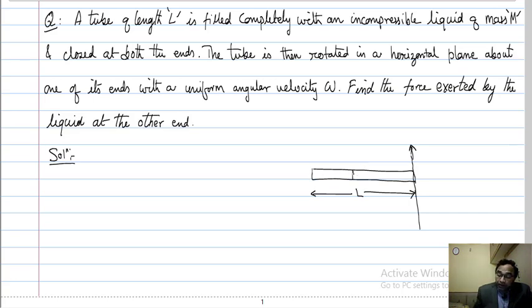Let us take one element of this, of length dx. Now what is given?